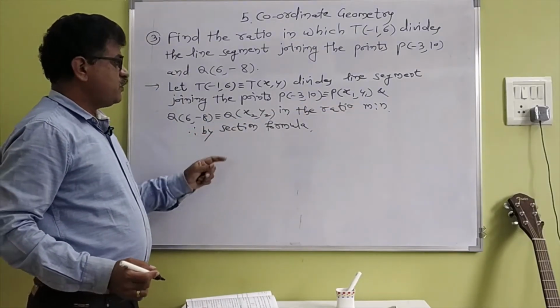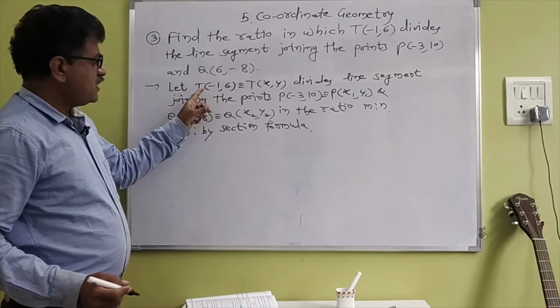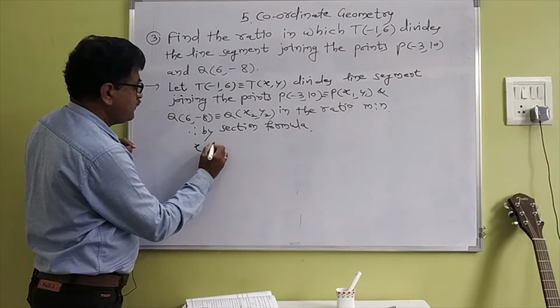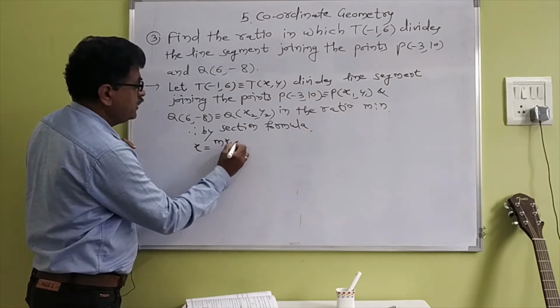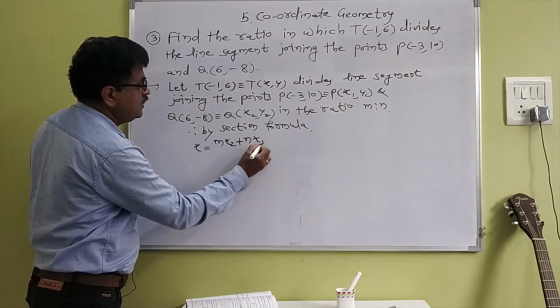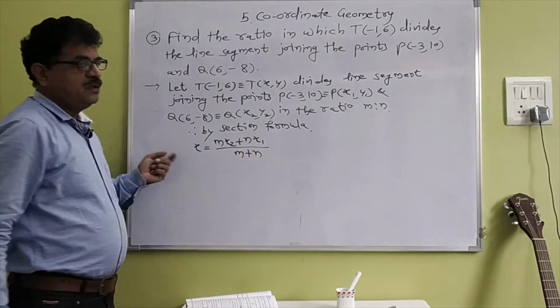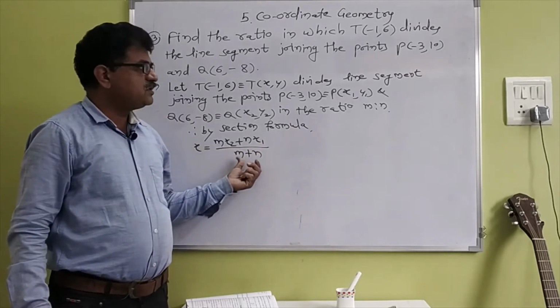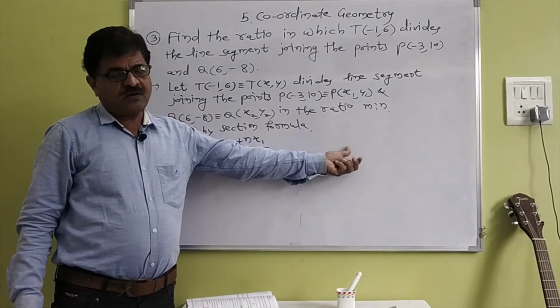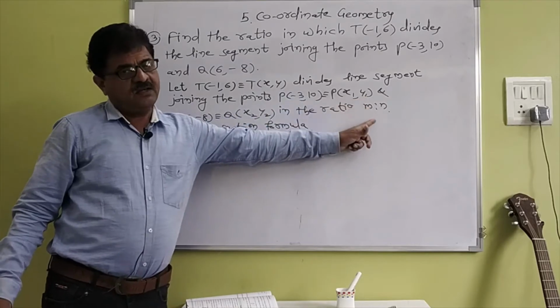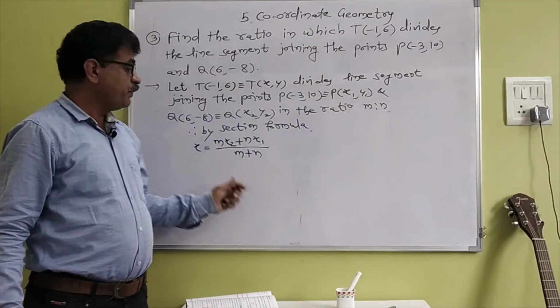Therefore, first write down the value of x is equal to (m x2 plus n x1) divided by (m plus n). Here it is not necessary to write the y coordinate, because we have to find only this ratio m is to n.